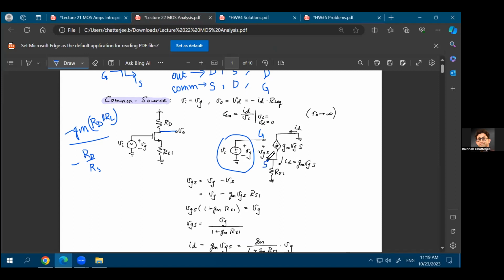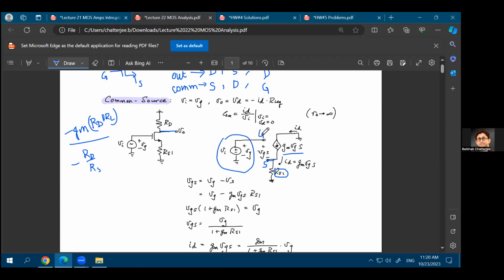At the source terminal, you have a resistance RS1 connected to the ground. The current source with which you represent the MOSFET is gm times VGS. So the gate to source AC voltage times gm will give you the AC current flowing through the MOSFET. So that's what your small signal equivalent model looks like.